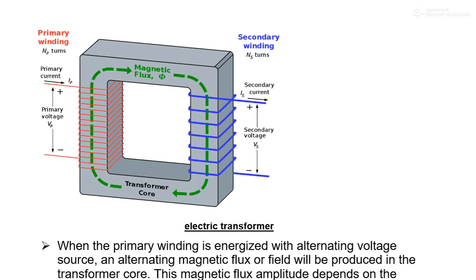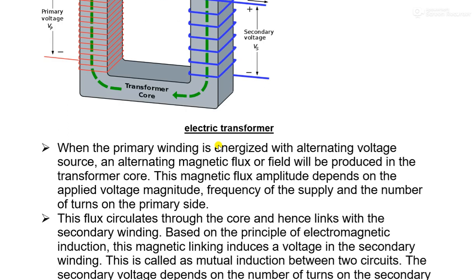The coil which is connected to the input supply is called the primary, and the next coil, which is connected to the load, from where we draw the energy and get the output, is called the secondary.